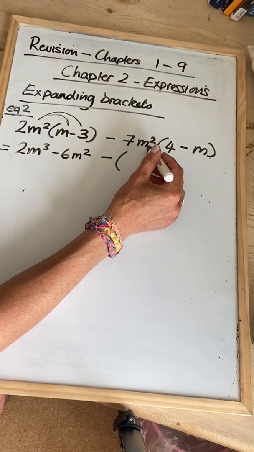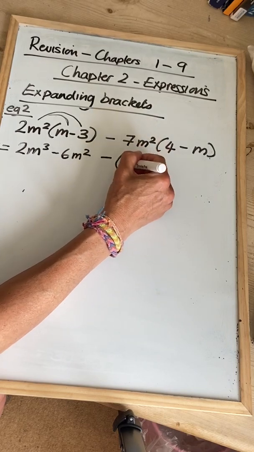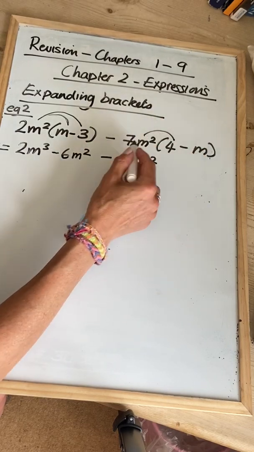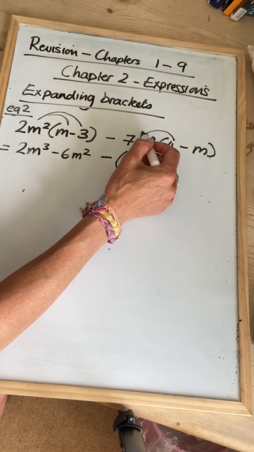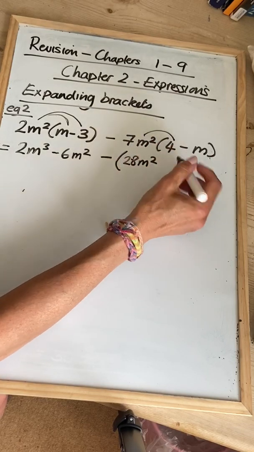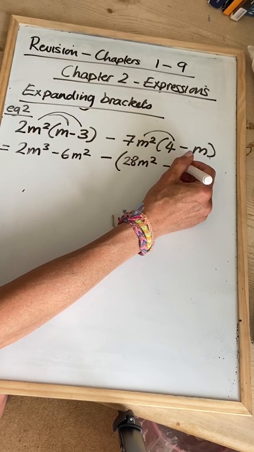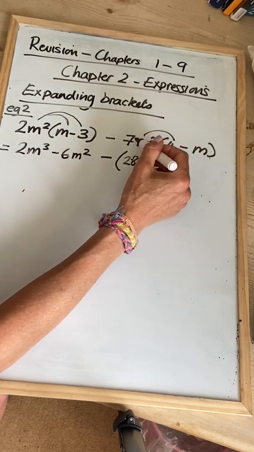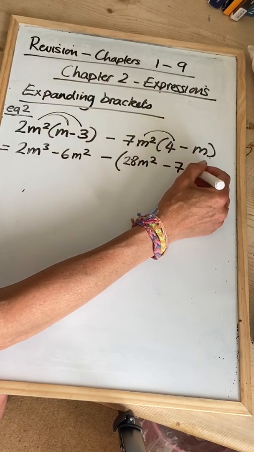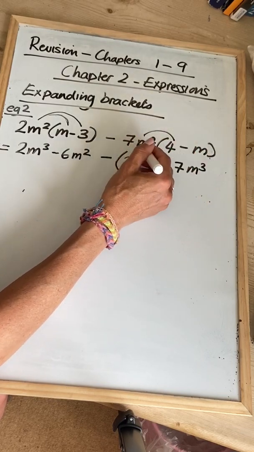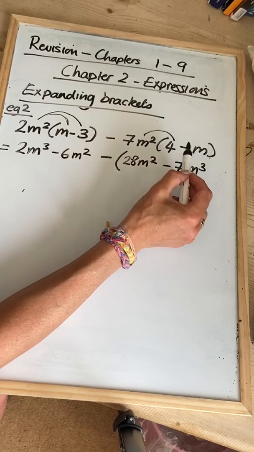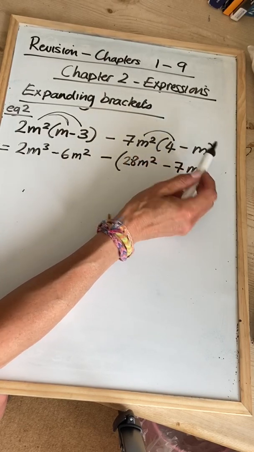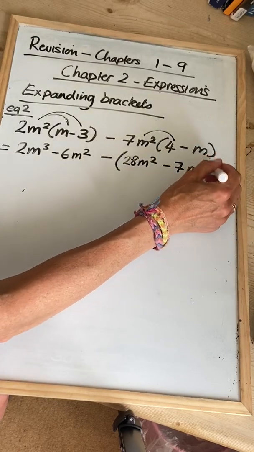So 7m squared times 4 is 28m squared. Just 7 times 4. And 7m squared times minus m is minus 7m cubed. Yeah, 7 times the minus and the m squared times the m, which is m cubed.